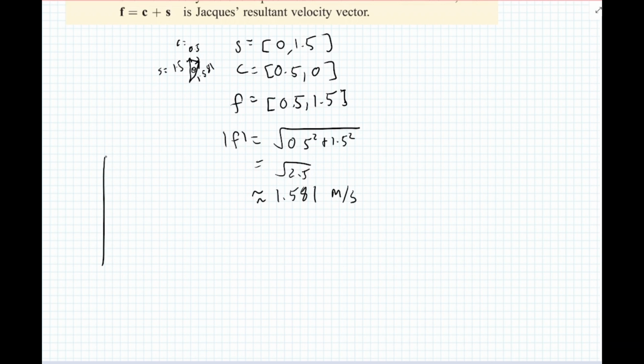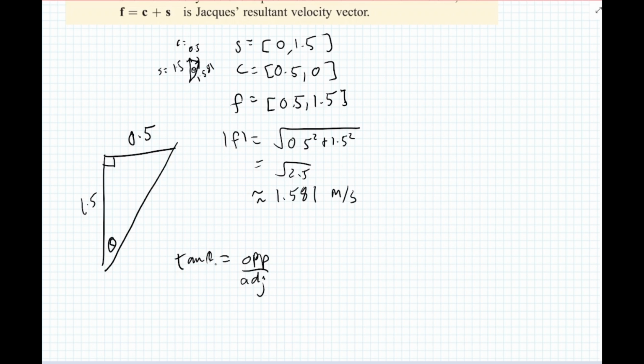So if we sort of step it out, we've got this angle here. I want to use the two sides that I actually know already, just because of rounding reasons. We don't want to use this new number we found. But this is a right angle triangle. So you're going to get tan of theta equals opposite over adjacent. We're going to use that here because we have the opposite and adjacent. So tan of theta equals 0.5 over 1.5.